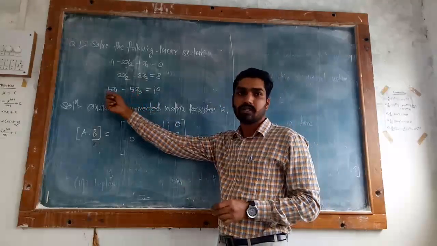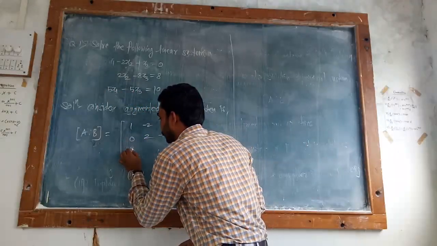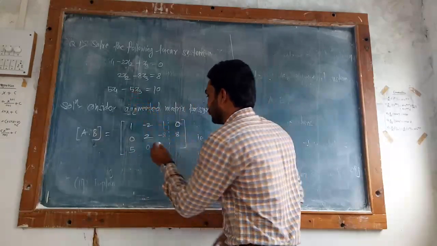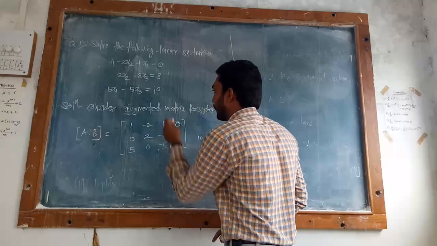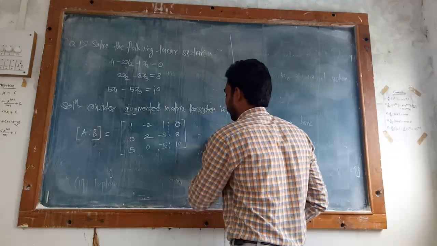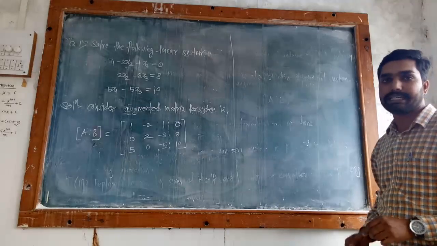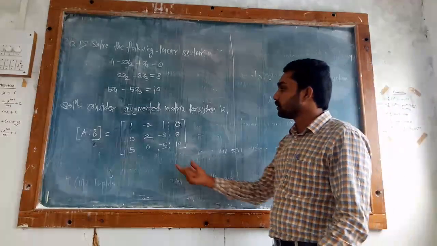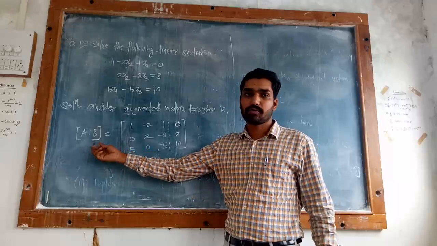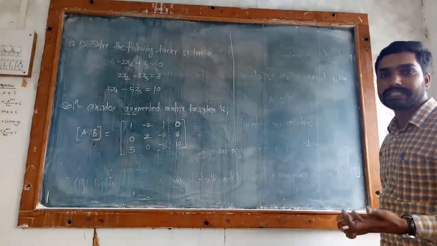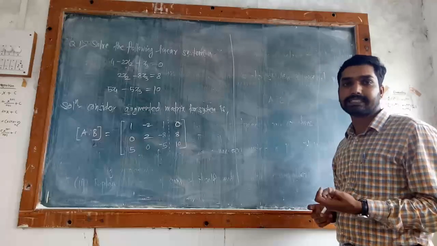Similarly, your last row is 5, 0, -5, and the constant is 10. This is your augmented matrix AB. We have to solve this augmented matrix, that means we have to find the values of x1, x2, x3.